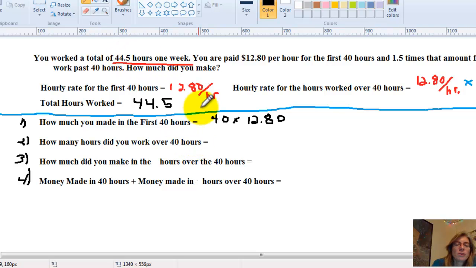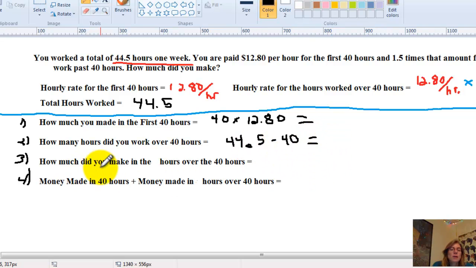Well, you have 44.5 hours that you worked. So let's put a little equal sign there, and we haven't figured these out yet. But you're going to do 44.5 minus 40. So that's the math.